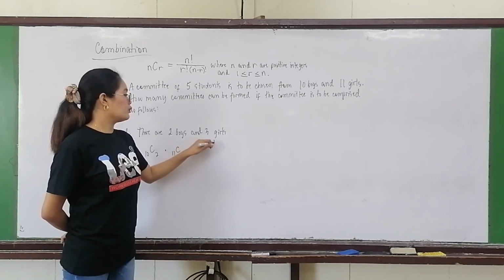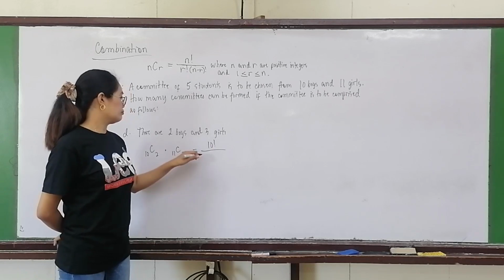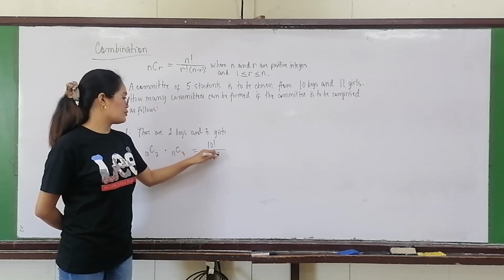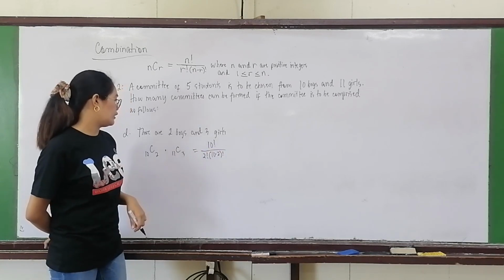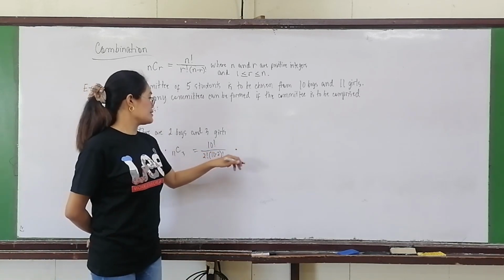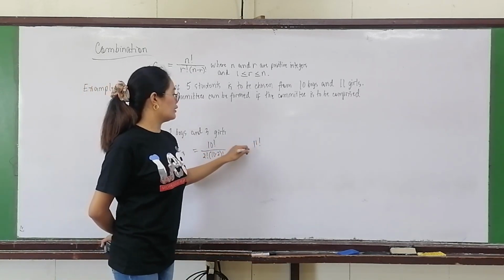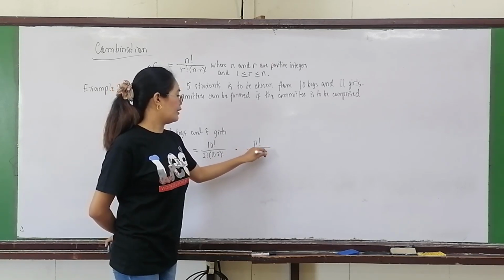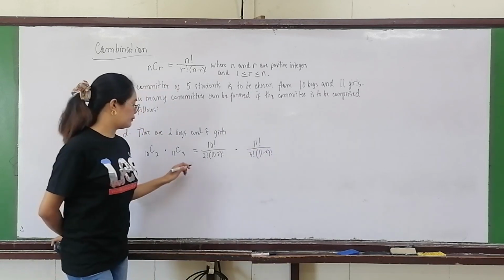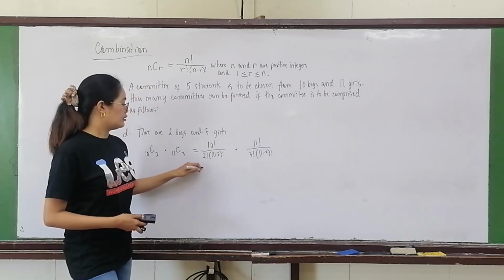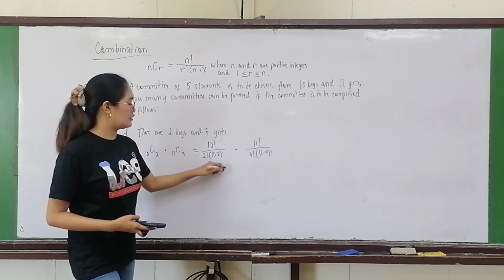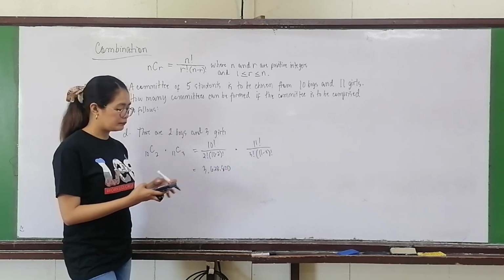We get 10 factorial over 2 factorial times 10 minus 2 factorial, times 11 factorial over 3 factorial times 11 minus 3 factorial. Now we have 10 factorial is 3,628,800.